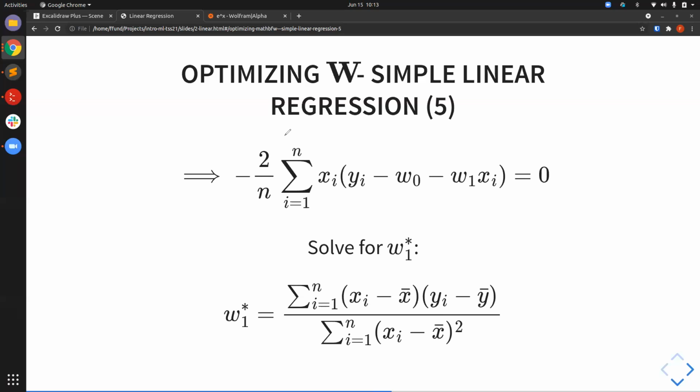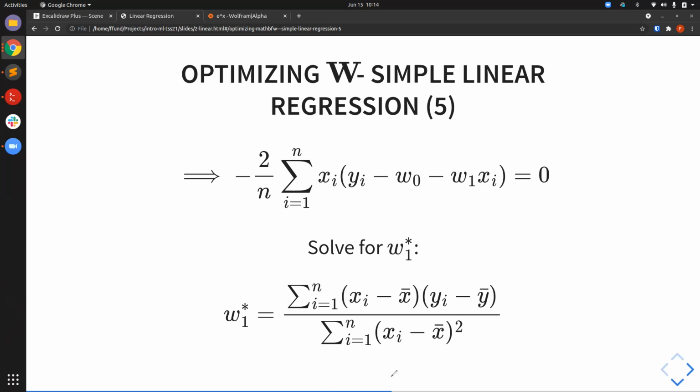So in the numerator, we have, let's see, the sum over all the n's of xi minus the mean of x times yi minus the mean of y. And in the denominator, we have, again, the sum over everything of xi minus the mean of x squared. Does anybody know any special names for these quantities, either the numerator or denominator? Does anyone recognize any of them?